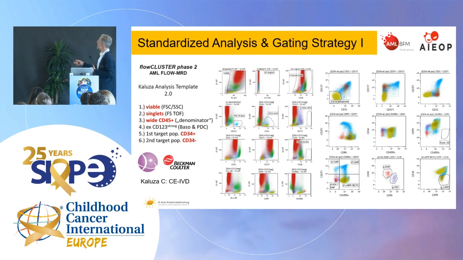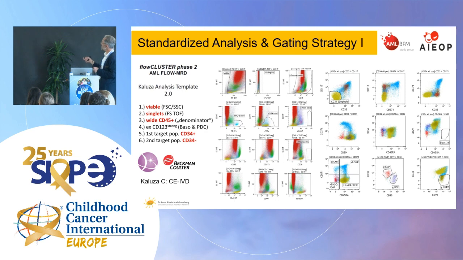How do we do that? We also have standardized gating strategies, and we investigate CD34 positive and negative cells, because in myeloid differentiation it really can go into more differentiated CD34 negative compartments.